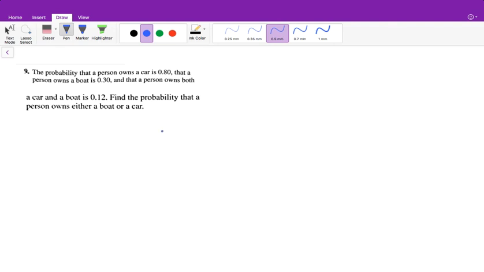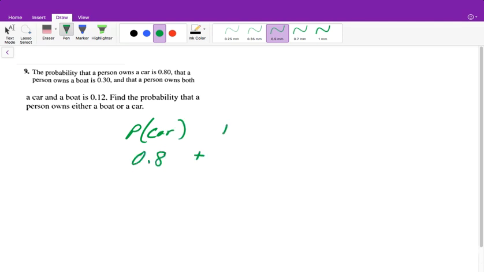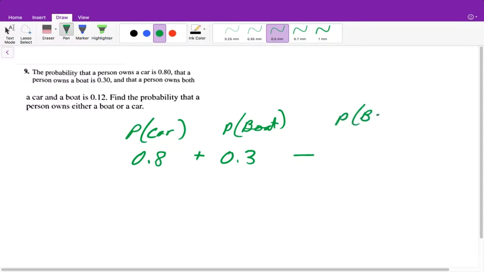All right, so that means we need to find out first, are these mutually exclusive? And they are not. So then the probability that the person owns a car is 0.8, plus the probability that the person owns a boat, which is 0.3. And then we need to subtract out the probability that they own both, because all the people that own both are being counted for already with the boat and with the car.